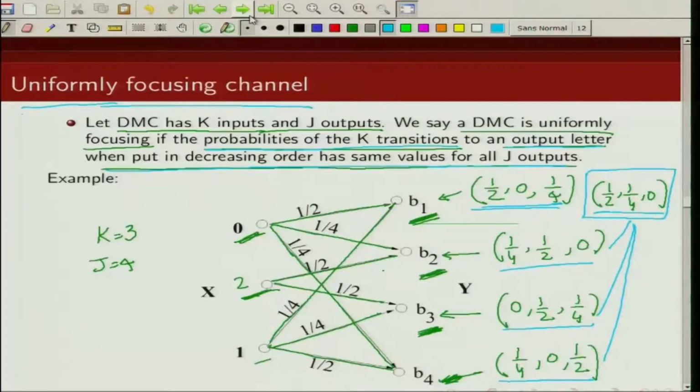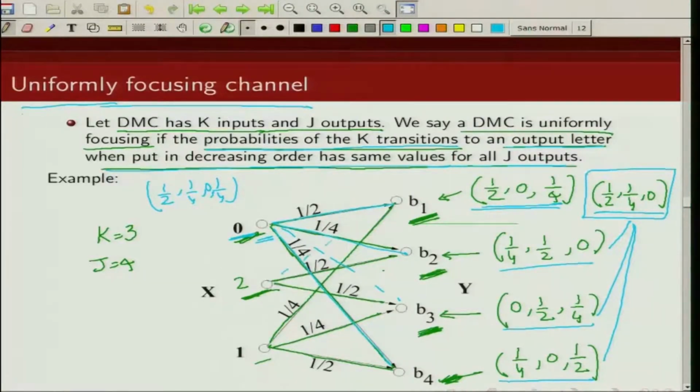Similarly, look at this example. Is this a uniformly dispersive channel? For a uniformly dispersive channel, we need to look at the transition probabilities leaving a particular input. For input 0, these transition probabilities are half, 1 by 4, 1 by 4. For the next, they are half, 1 by 4, 0, and 1 by 4.